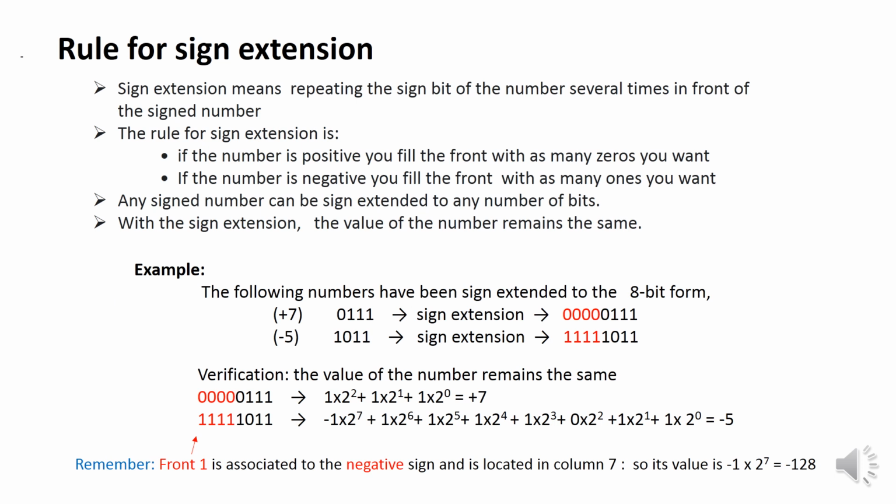Let's see now the rule for sign extension. As we explained in the previous video, in a system of n bits, the number of bits you may require to represent the result of a multiplication is 2 times n. Example: if you are using 5 bits, the product result of two numbers of 5 bits will need 10 bits.